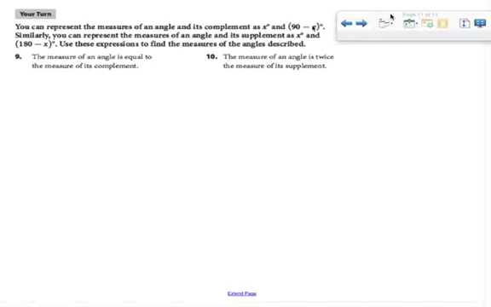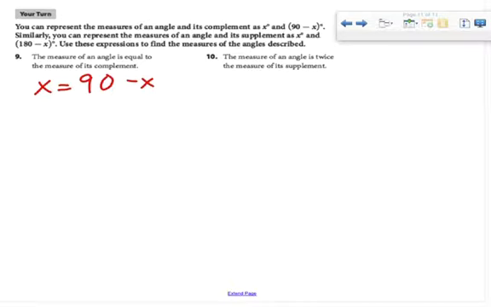So we're using that information to solve these word problems algebraically. It says that the measure of an angle is equal to the measure of its complement. So that means x will equal its complement being 90 minus x. Well, now that's just an algebra equation and we solve it.